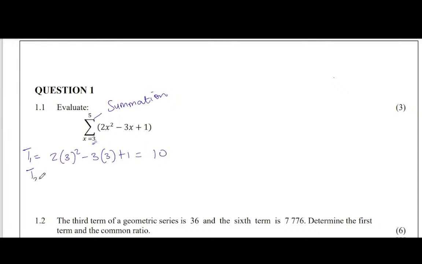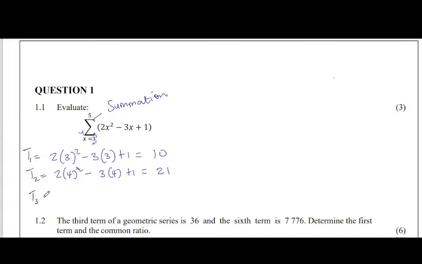Then I need my second term, where x now increases to a 4. So 2 times 4 squared minus 3 times 4 plus 1. That is 16 times 2 is 32, minus 12 is 20, plus 1. It's going to give us a 21.